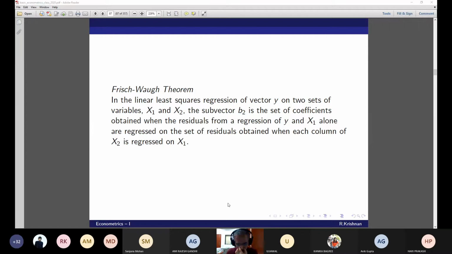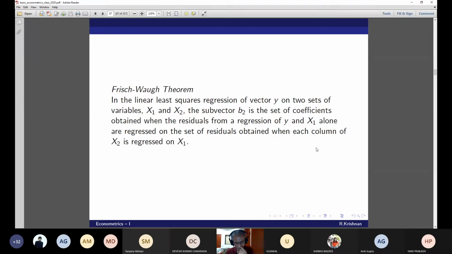Sir, first we regress y on x1, and we get a residual term. And we regress x2 on x1, and we get a residual term. And then we regress both the... What do I mean by regressing on the sets of residuals obtained when each column of x2 is regressed on x1?